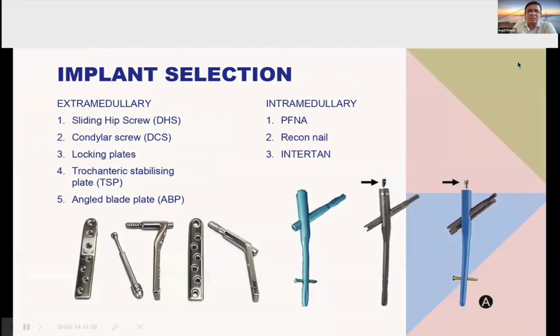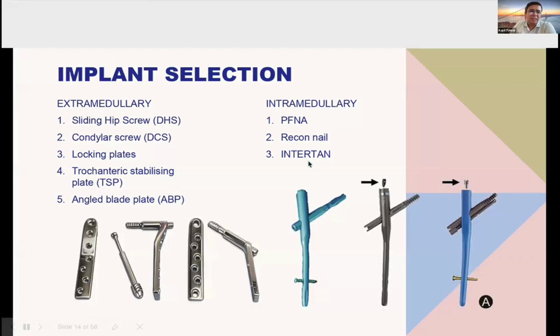So what are the implants? Generally, for the reverse oblique, there's the dynamic hip screw, which was traditionally used with a lot of problems, as we discussed. You can put a DCS, which can avoid some medialization, but it still gives a little medialization. Locking plates are not biomechanically that strong.